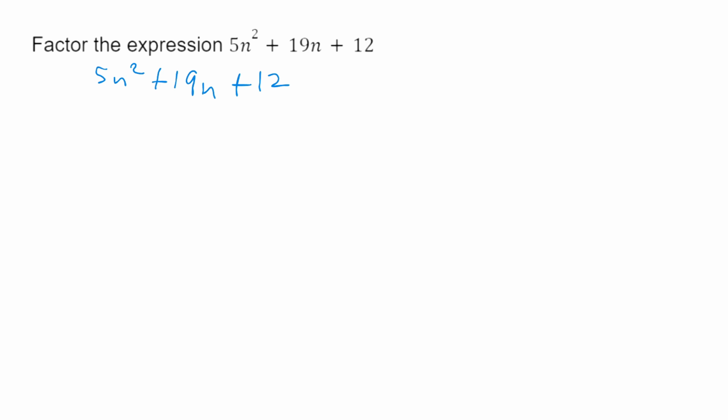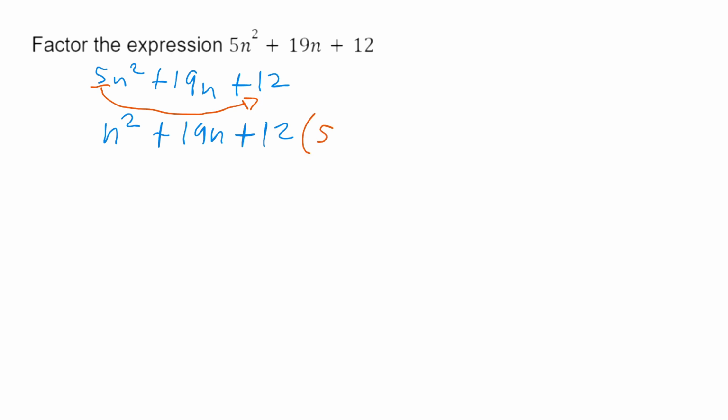We have to multiply the 5 to 12. So we have now n squared plus 19n plus 12 here, and then we have to multiply by 5.